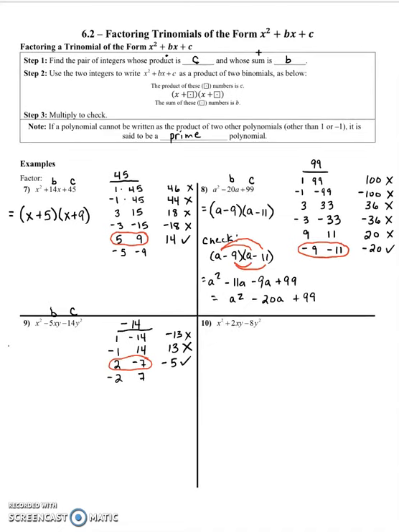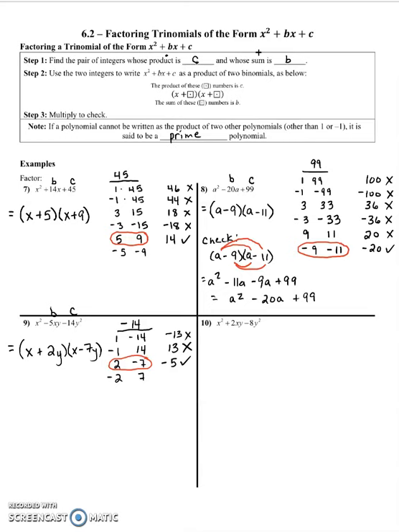So if we go down and factor this, we have an x plus 2. Now notice we have a y squared on our last term, so that means we need to just tack a y on. And then times x minus 7y.